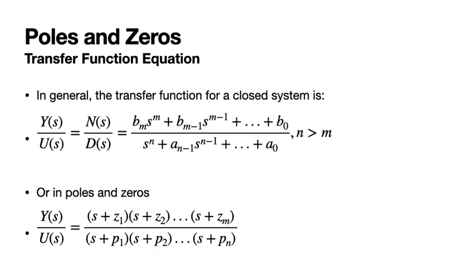Okay, let us recap the transfer function equation. In general, the transfer function for a closed loop system is defined as output over input, which is actually numerator over denominator, where we can simplify in the form as shown in the equation above, where b_m s to the power m plus b_(m-1) s to the power of m minus 1 plus triple dot plus b_0 is for the numerator, s to the power of n plus a_(n-1) s to the power of n minus 1 plus triple dot plus a_0 represents the denominator of the transfer function.